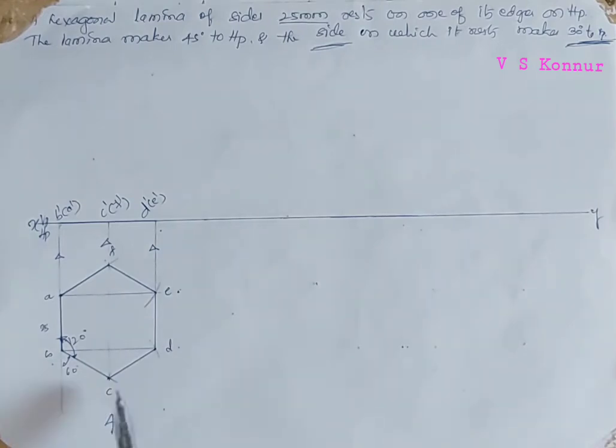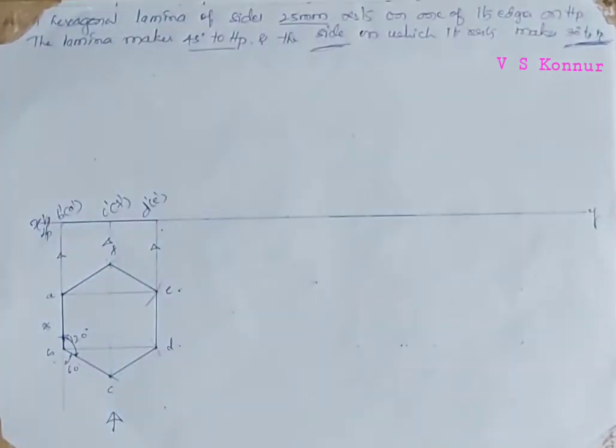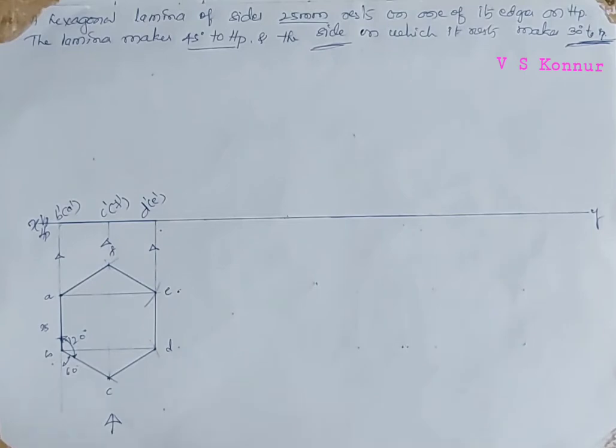Second position: it is resting on HP, meaning the HP angle you have to take, that is 45 degrees to HP, but you have to draw in the vertical plane. So take a 45 degree line.